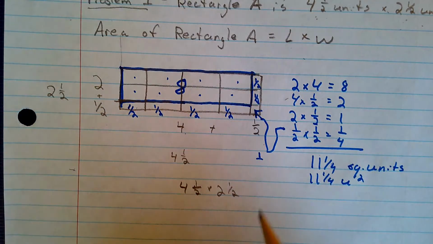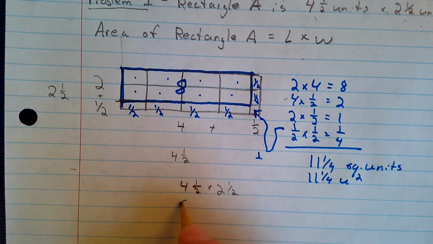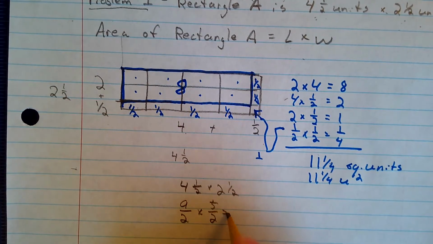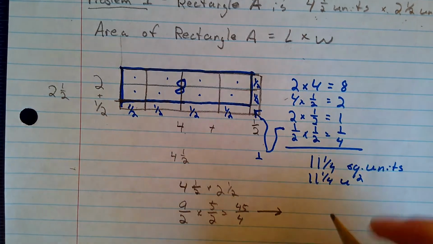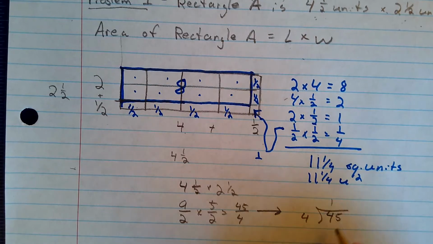Okay, so 4.5 times 2.5. That's 9 halves times 5 halves, which is 45 fourths. Let's do a little division here.